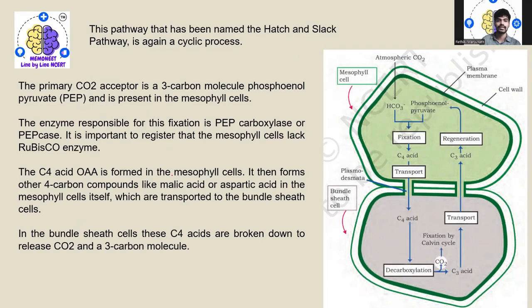So this pathway, which has been named the Hatch and Slack pathway, is again a cyclic process. What happens in this pathway is that the primary carbon dioxide acceptor is a three carbon molecule, that is phosphoenol pyruvate, PEP, and it is present in the mesophyll cells.